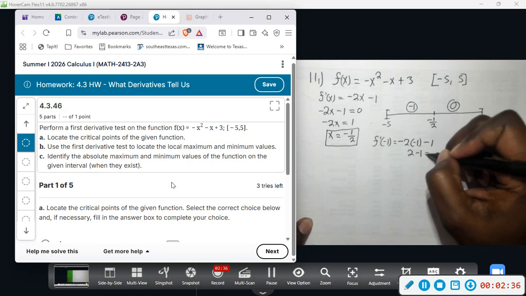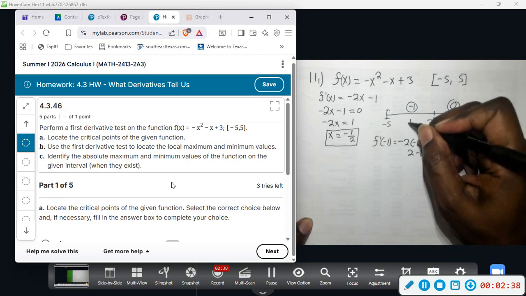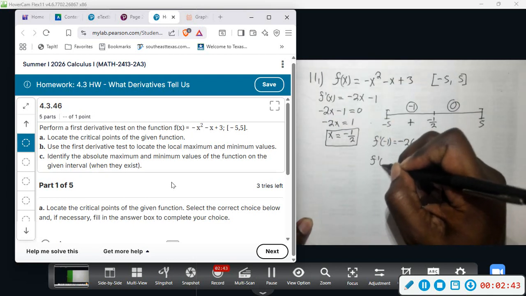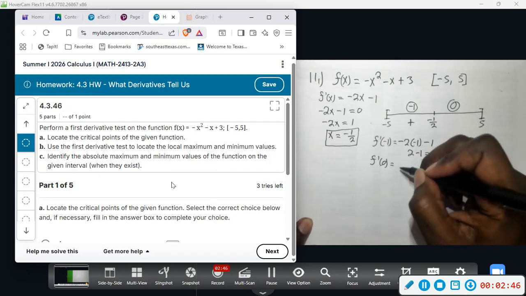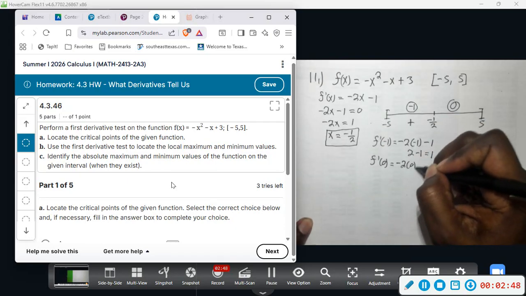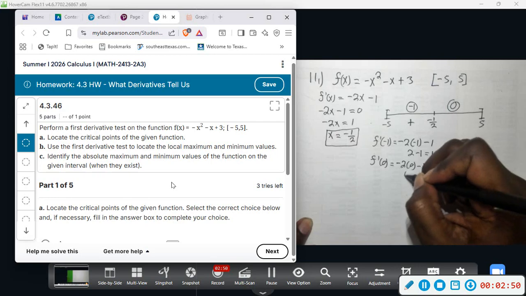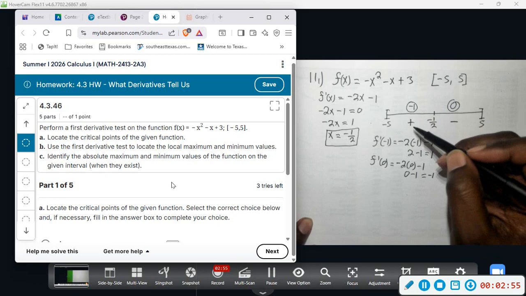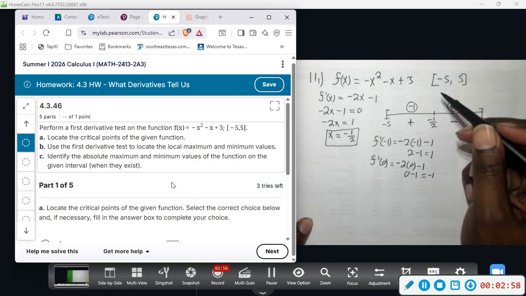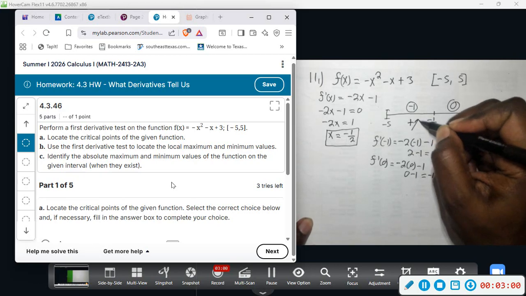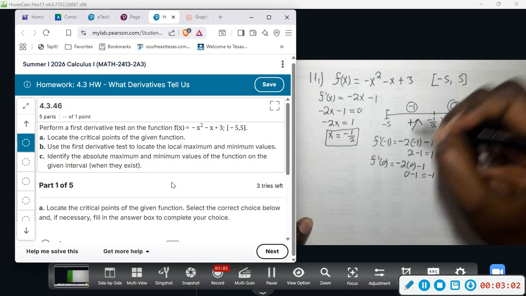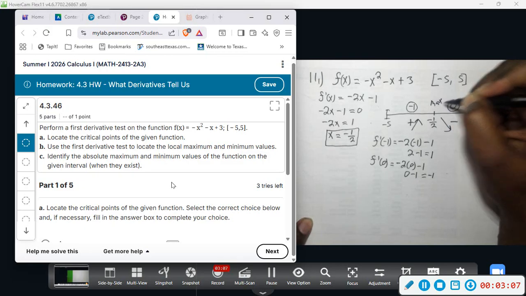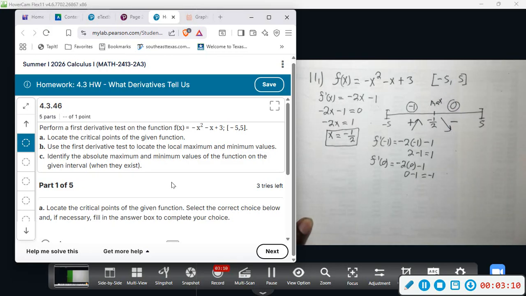Positive 2 minus 1 is a positive 1, so this is positive. And then plugging in a 0, we get negative 2 times 0 minus 1, so we get 0 minus 1, negative 1. So this is negative. So my function is going from increasing to decreasing. That tells us we have a max. This critical value is a maximum.